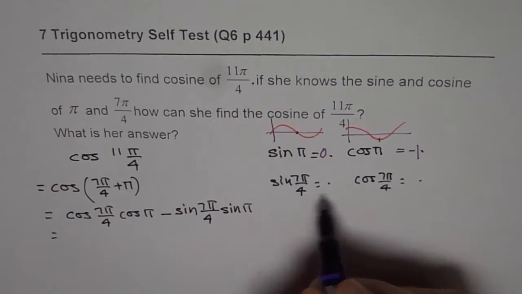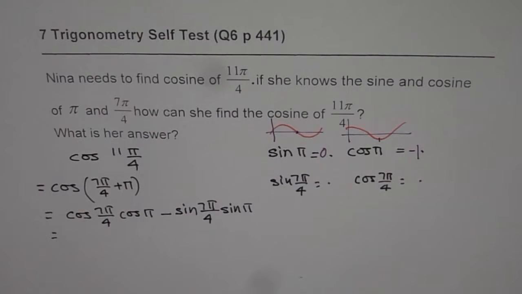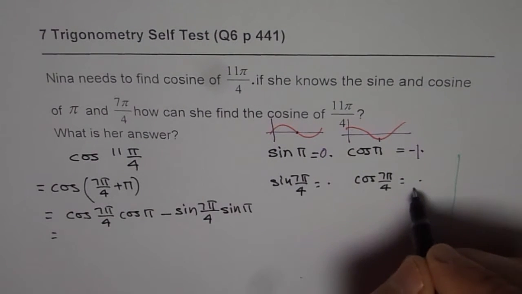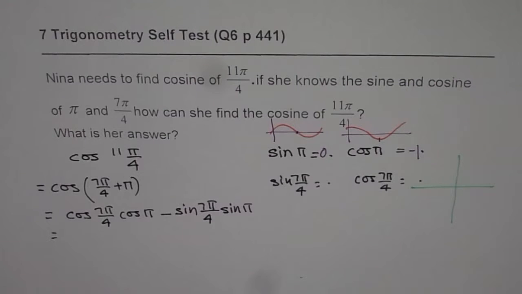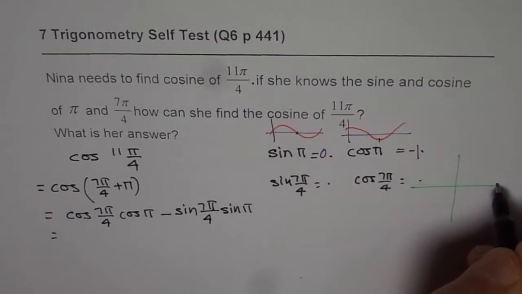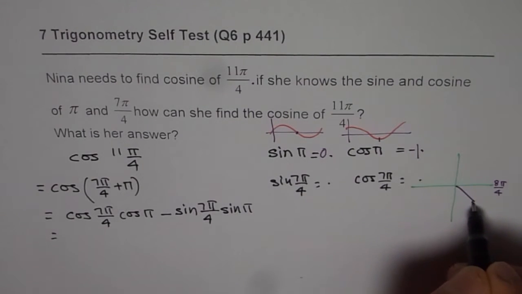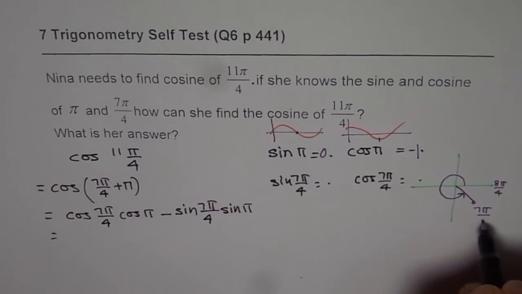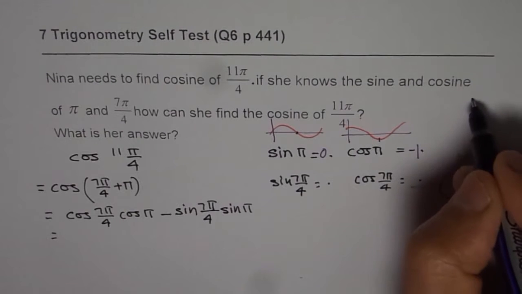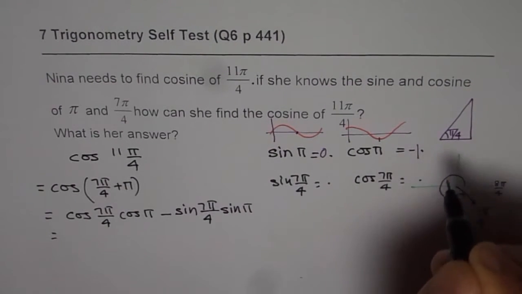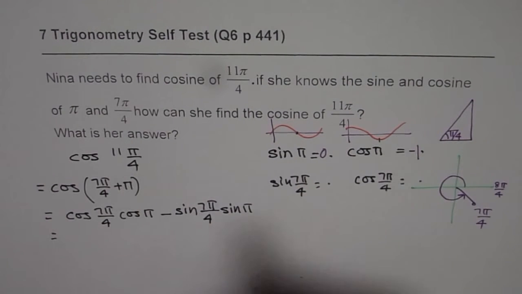Now we are left with the pi by 4s. These 7 pi by 4s will be in which quadrant? Let's sketch. Pi by 4 means we have 8 pi by 4 in 2 pi. 7 is 1 less, correct? So this gives us 7 pi by 4. If I draw my standard triangle or the special triangle for pi by 4, I know what these ratios are.